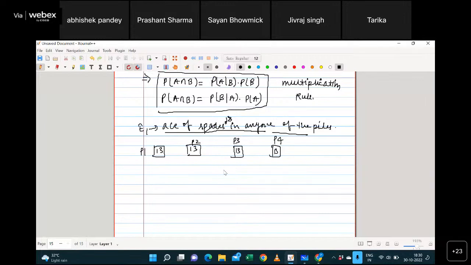So it's sure. The ace of spades can be in P1, it can be in P2, it can be in P3, it can be in P4. So the probability of E1 is nothing but 1, it's a sure event. Are you getting or not? Yes, sir. It's sure, it will definitely occur, right? Yeah. So come to the event E2.